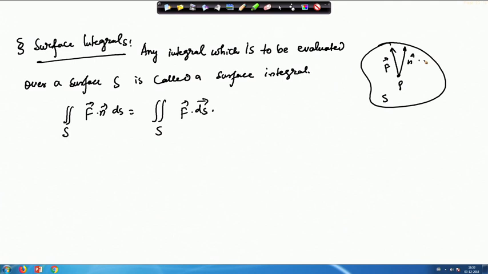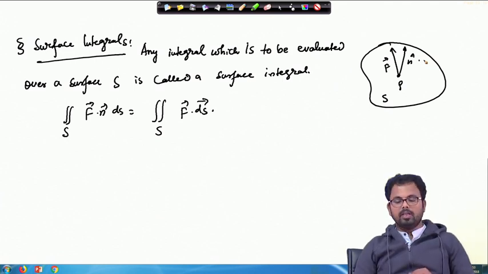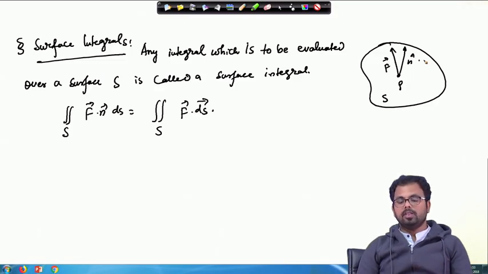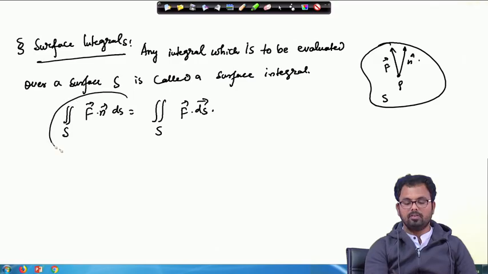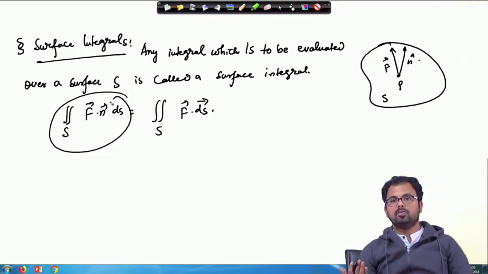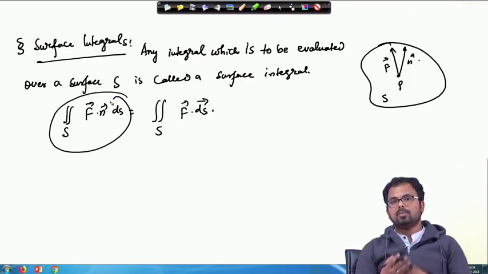All right. Now, when we evaluate the surface integral, we have to remember certain ways to evaluate it. This is given as an abstract definition, the integral of the component of f along the normal n over the surface S. But when we need to evaluate this, we need some kind of formula.